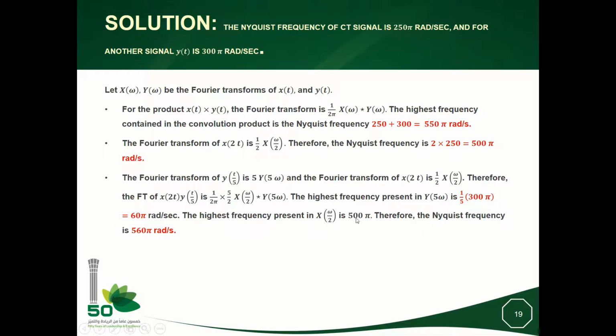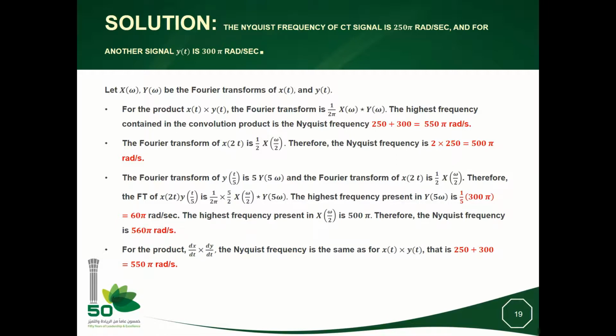So here 2 times gives 500π, and 1/5 of 300π gives 60π. Now convolution means we will add the two frequencies, which gives 560π rad per second.